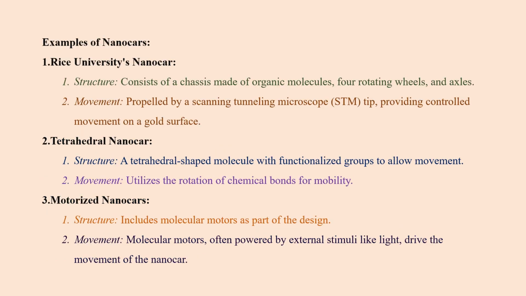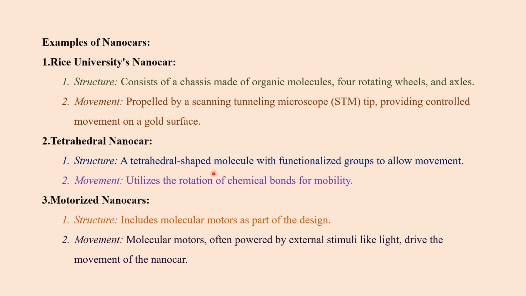Some examples of nanocars: the first is Rice University's nanocar. The structure consists of a chassis made of organic molecules, four rotating wheels, and axles, which is kind of H-shaped. Movement is propelled by a scanning tunneling microscope tip, providing controlled movement on a gold surface. Another is the tetrahedral nanocar.